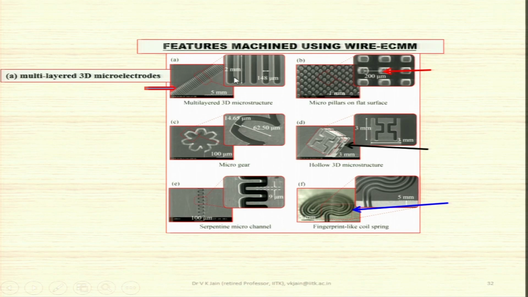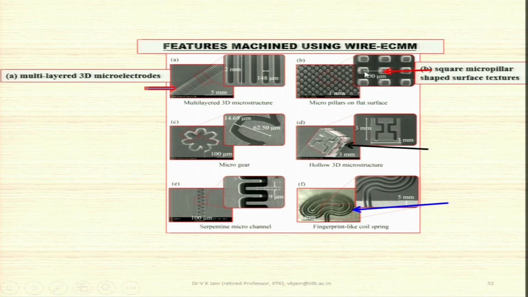This is the gap, this is the micro electrode, gap, micro electrodes, and so on. The height of these micro electrodes is quite large, 2 millimeter here, with 148 micrometer as the thickness between the two electrodes. So, an interesting application. Here you can see this square micropillar shaped surface texture, and the enlarged view is over here.